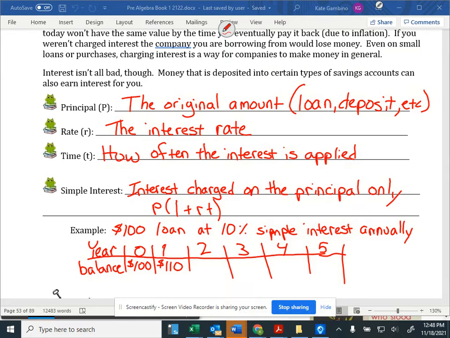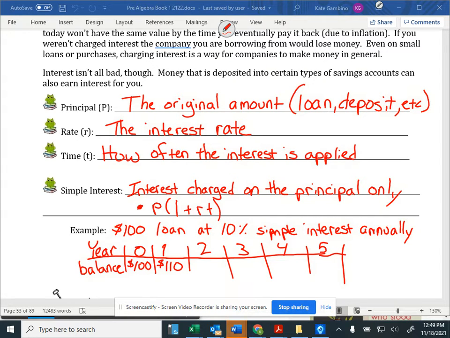So now we're at year 2. How much are we going to owe? Simple interest charged on the principal only. So we want to do our formula.